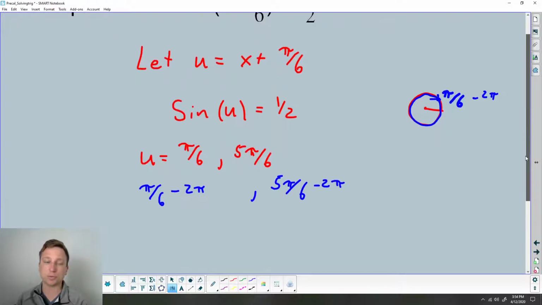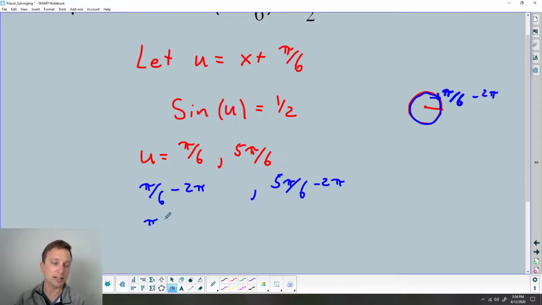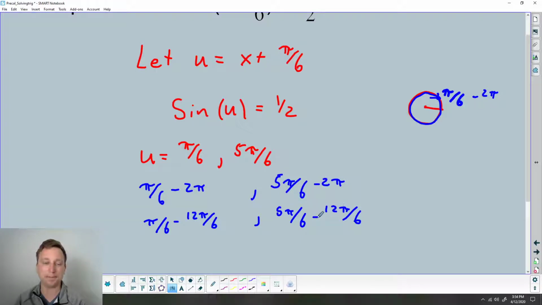If we do some quick calculations, this is pi sixths minus 12 pi sixths, and 5 pi sixths minus 12 pi sixths, because that's equivalent to 2 pi. So the other two values that fall outside of our traditional domain of 0 to 2 pi, but within negative 2 pi to 0, are negative 11 pi sixths and negative 7 pi sixths.